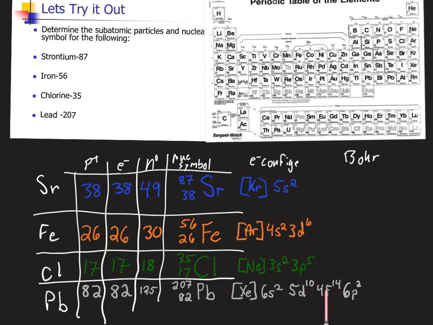Lead is going to have 32 dots in the fourth one, not 14, because, remember, the noble gas core. Okay. It is also going to have 18 in the fifth ring and only 4 in that outside ring. So that sometimes tends to be a little bit of a confusion when we write out our electron configurations this way. So we can start out with maybe chlorine, which would be a smaller one.